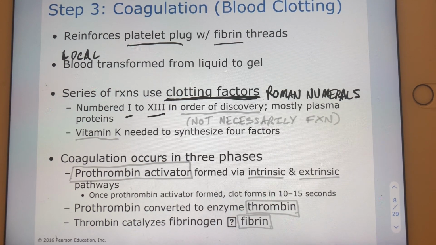Now here's the problem. These clotting factors are named in the order that they were discovered, not necessarily in the order in which they function, which is going to be a pain.